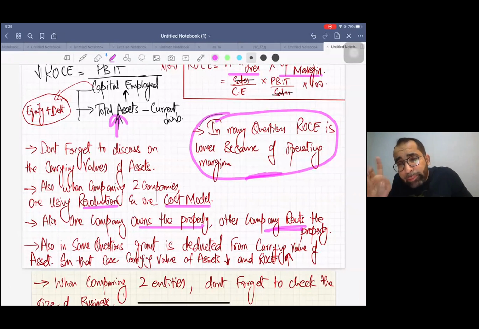But company B does not buy assets. They just take factories and properties on rent, like an operating lease, so they don't recognize the asset. The company owning the asset will have a higher asset base and higher capital employed, so the ROCE will be lower. So you need to comment and you can score marks on this.